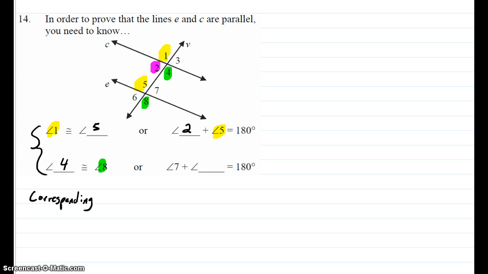And the last one would be angle 7 added to angle 4. This is an example of the same side interior angles. If the angles on the same side interior add up to 180, then the lines are parallel.